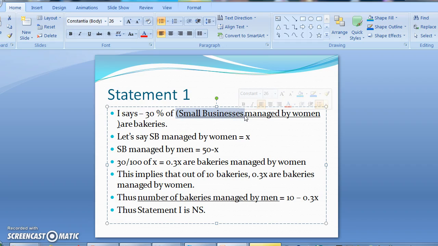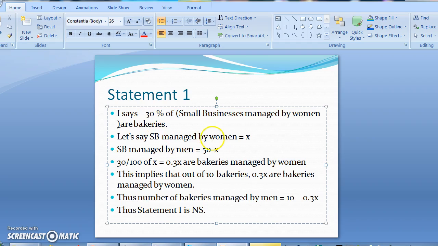If that were the case, we would say 30% of 50, which is 15, which would be wrong, because here it says small businesses which are managed by women. We do not know that number, so let's say it is X, and 30% of X, which is 0.3X, are bakeries managed by women.